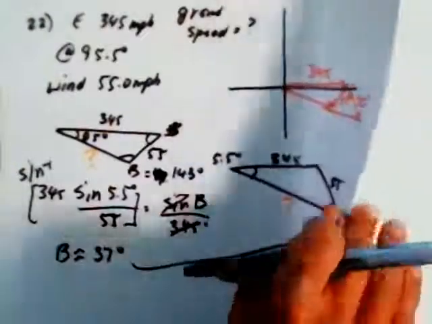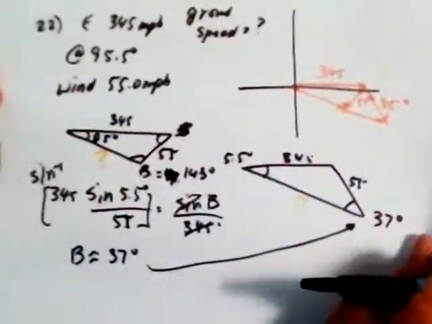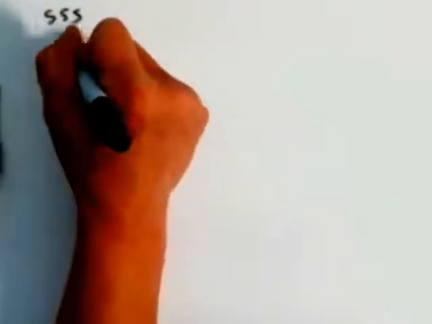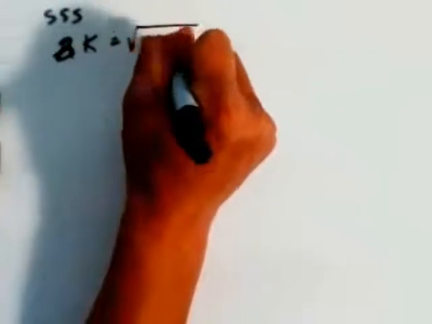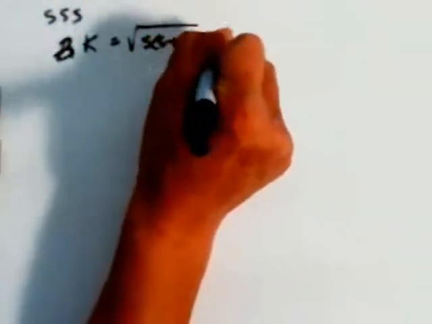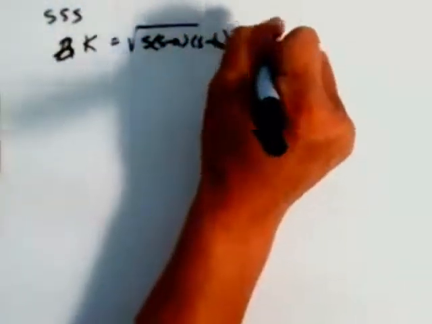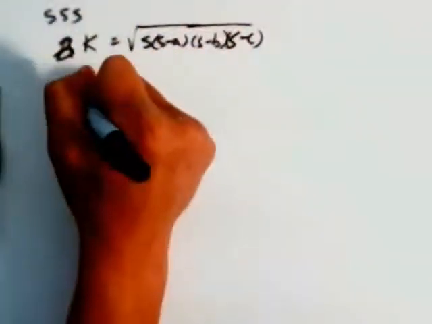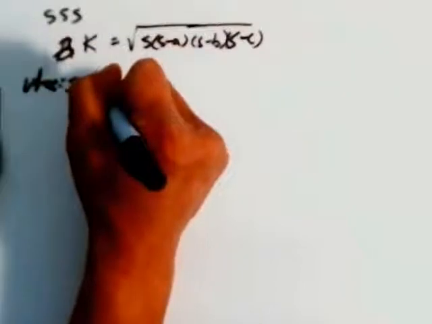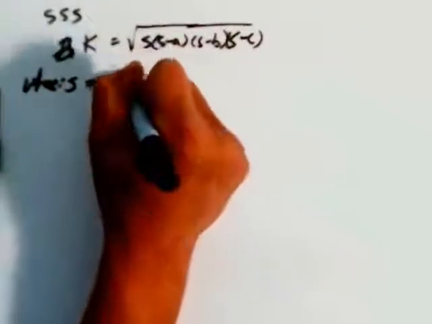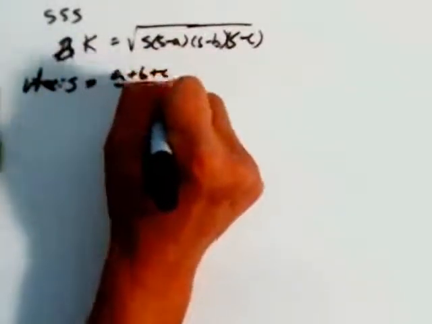There's a couple more things to find the areas of triangles. If you have the SSS situation, the area, they use K, is equal to the square root of s times s minus a times s minus b times s minus c, where s is equal to a plus b plus c divided by 2.